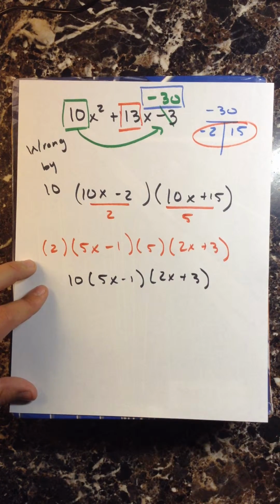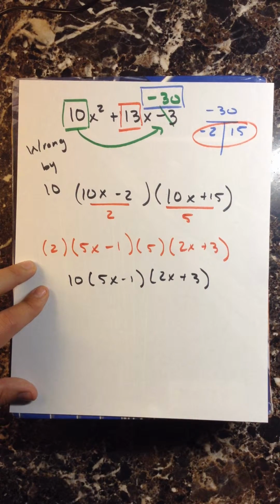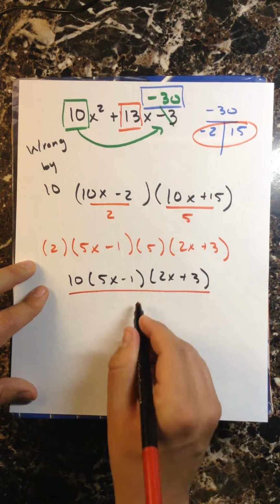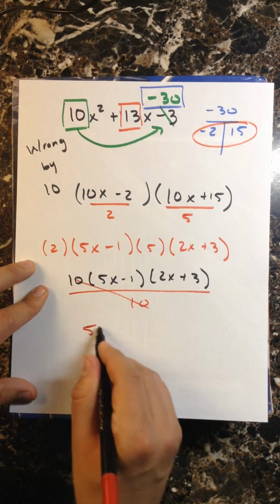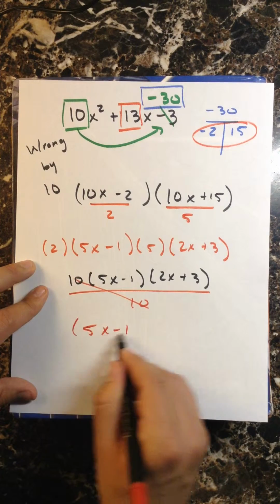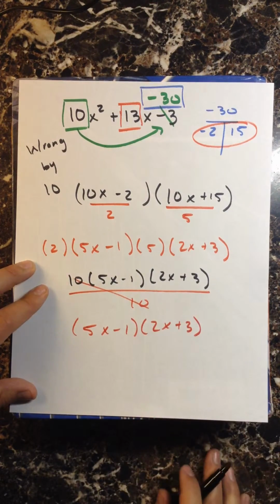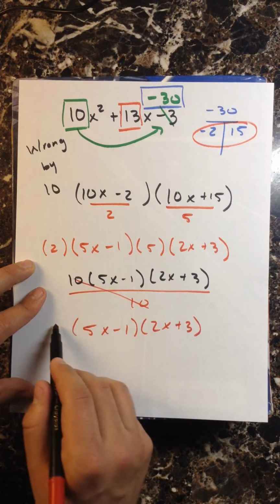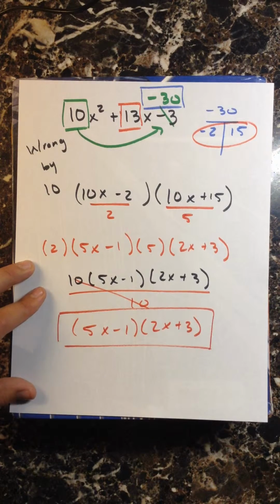And now the last step is that we know we were wrong by 10. So we will just divide that whole guy by 10. These cancel out, and we're left with 5x minus 1 times 2x plus 3. Once again, this guy is going to be totally factored, and we are 100% done.